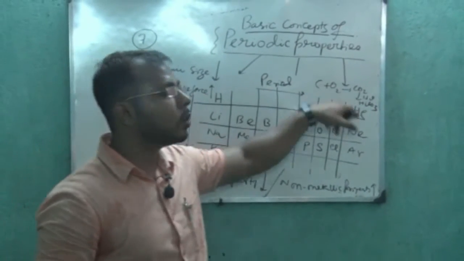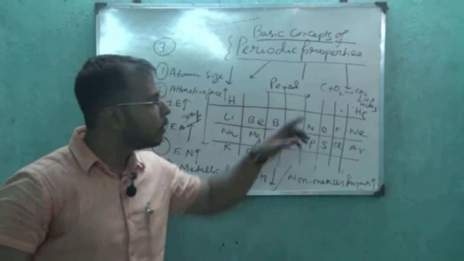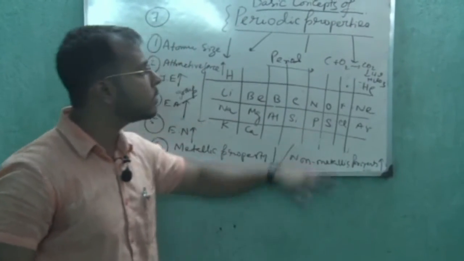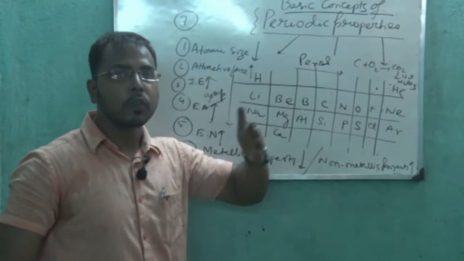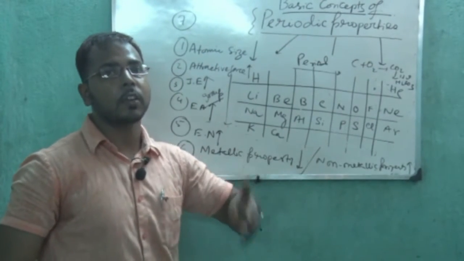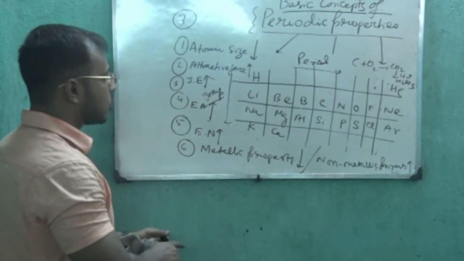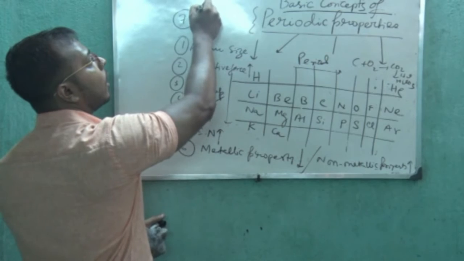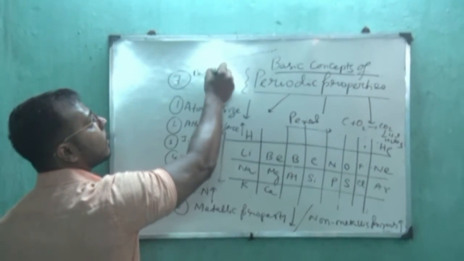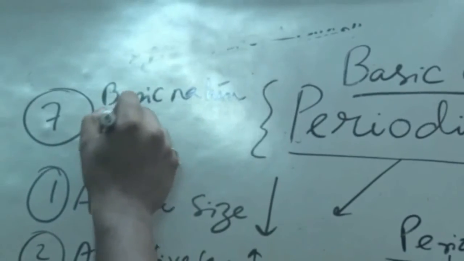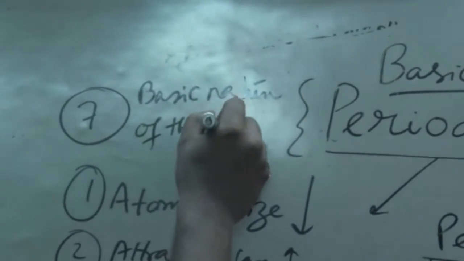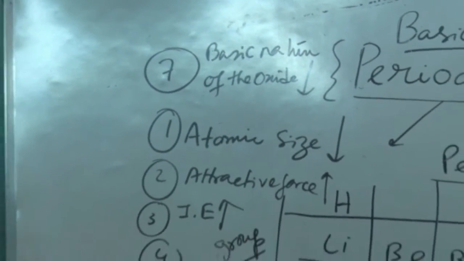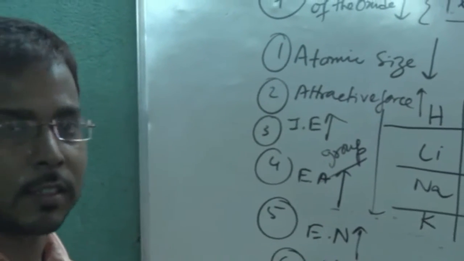That means non-metallic oxides are acidic. From phosphorus you can get phosphoric acid, from sulfur you can get sulfuric acid, and so on. So you need to memorize that metallic oxides are basic in nature and non-metallic oxides are acidic in nature. So if metallic property decreases, then the basic nature of the oxide decreases and the acidic nature of the oxide increases, and vice versa.